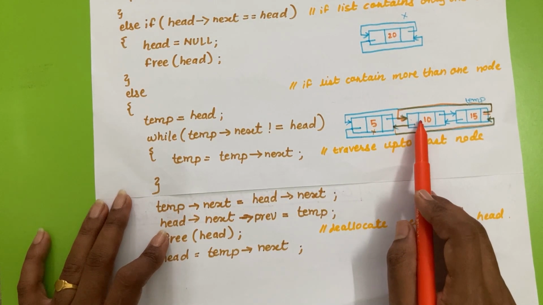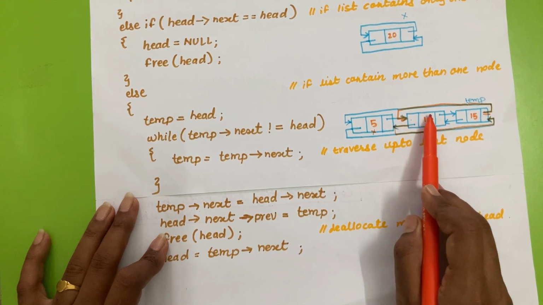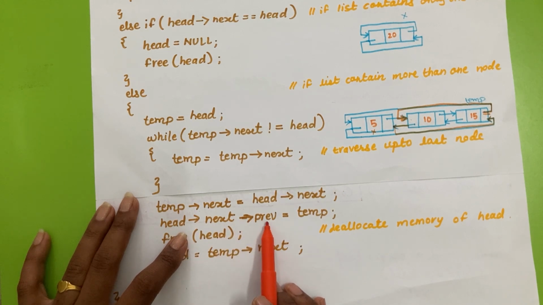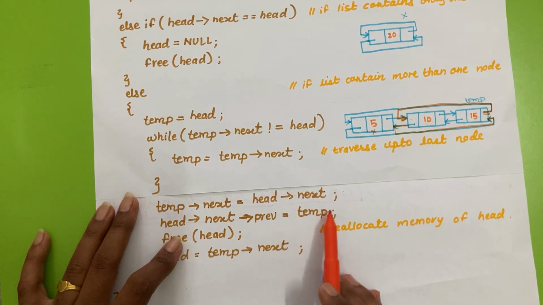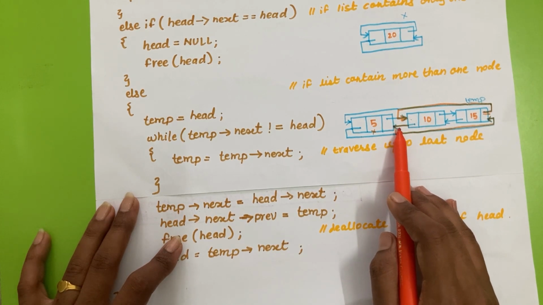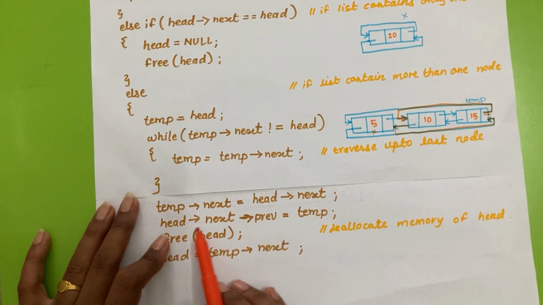So what will be the statement? Head's next node's previous field. So head next previous is equal to temp. The head's next node's previous field will point to temporary, so the value of the temporary node is copied in this field.